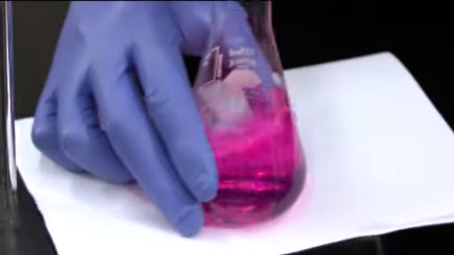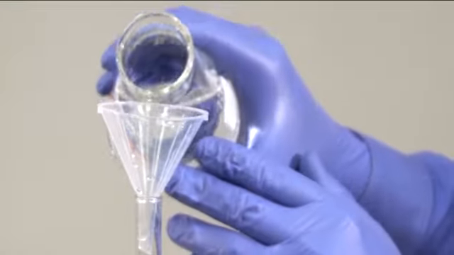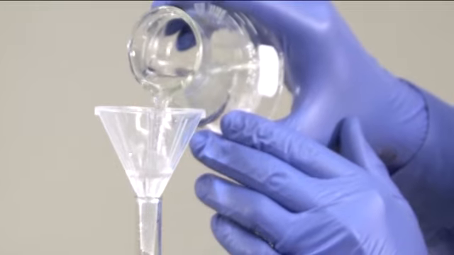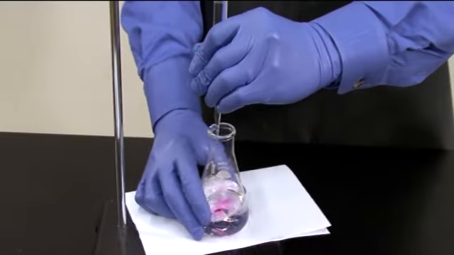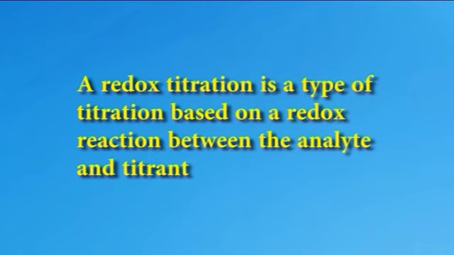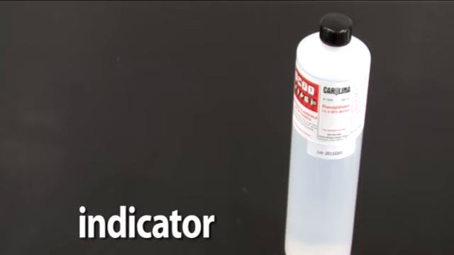The analyte is the solution with an unknown molarity. The reagent is the solution with a known molarity that will react with the analyte. A redox titration is a type of titration based on a redox reaction between the analyte and titrant. Redox titration may involve the use of a redox indicator and/or a potentiometer.